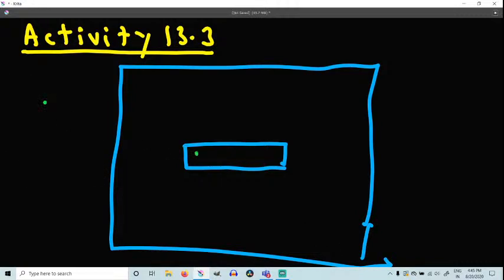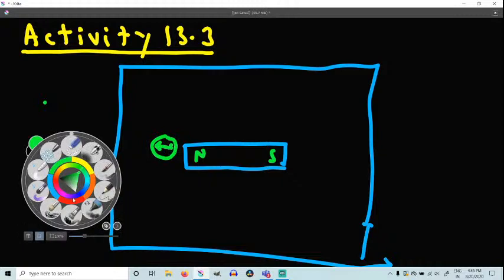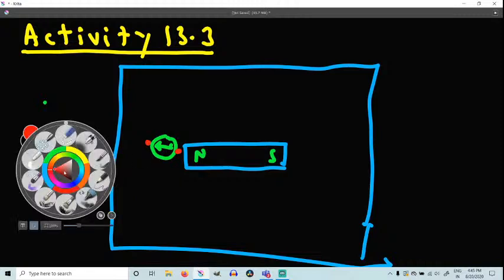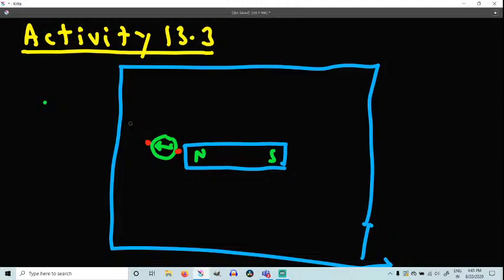Suppose this is the north and this is the south. I take a compass and keep it over here, and I see that the compass points in that direction like this. So I mark two dots, one at the end of the arrow and the other at the beginning of the arrow. Then I lift it up and again keep my compass over here, and now I see it points in this direction.